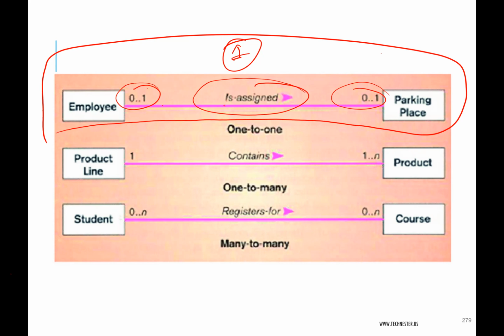What this model is saying is you may have 0 or 1 employee, and these employees may have 0 or 1 parking space, meaning if you have 1 employee here, it's possible that that employee is not assigned to a parking space.